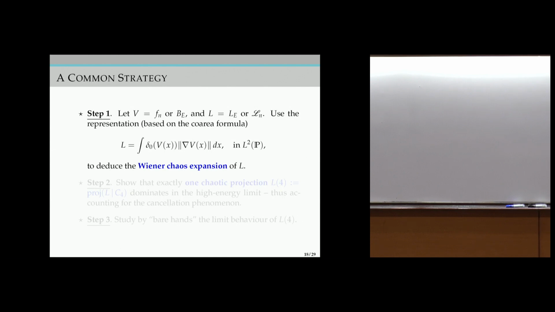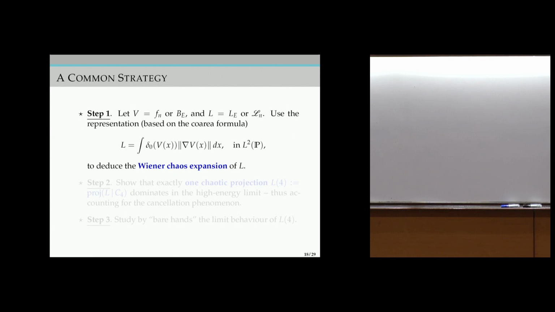Here, this is the Dirac mass at 0. So I replace the Dirac mass by some approximation of the Dirac mass, for instance the Gaussian density with variance converging to 0. And then this quantity converges in L2 to something, and this something is exactly the definition of this integral here.